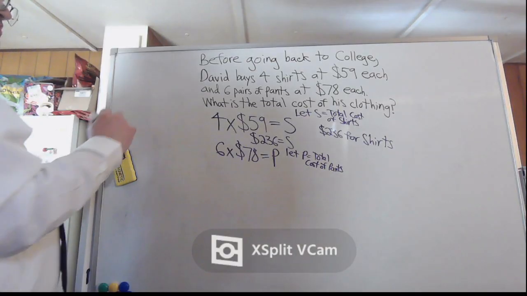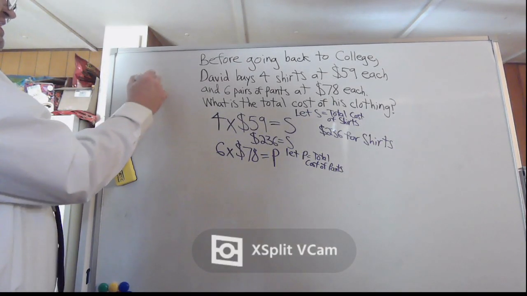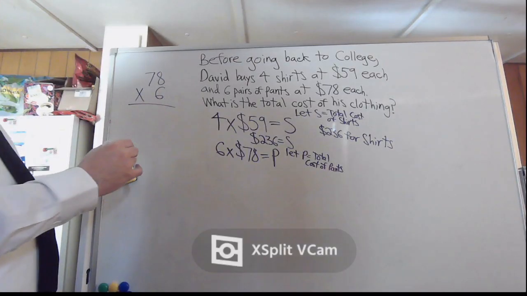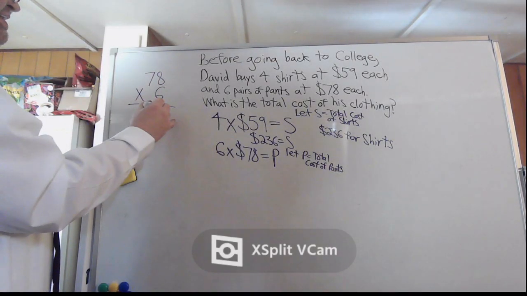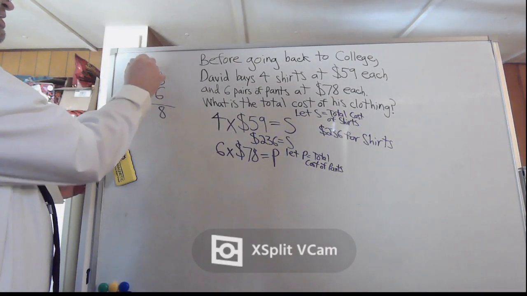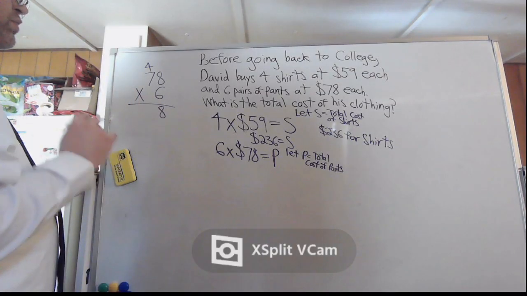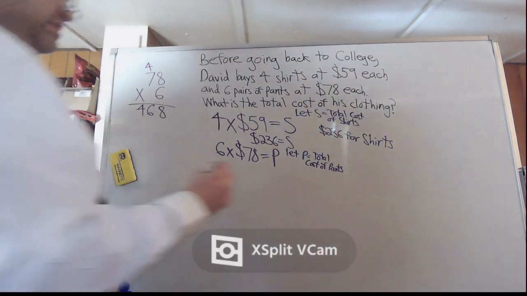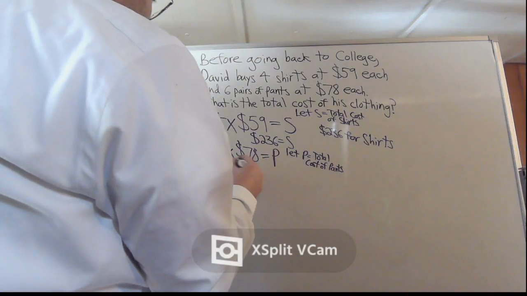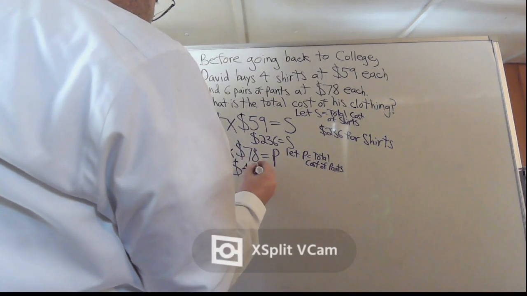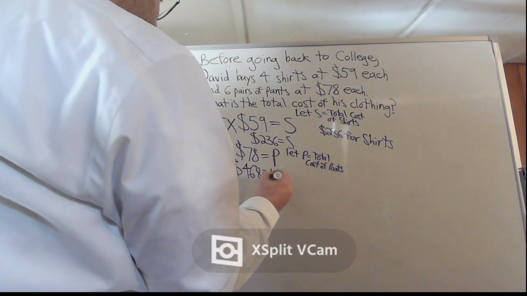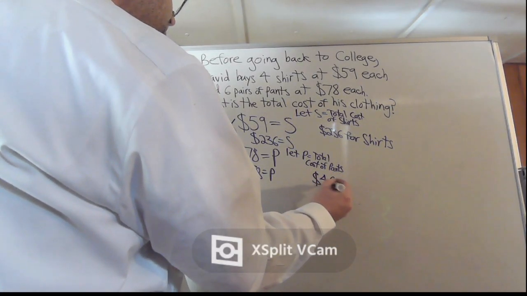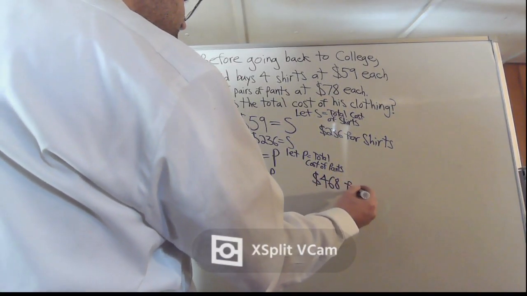Now we have a simple multiplication problem of 78 times 6. 8 times 6 is 48. Keep your 8, carry your 4. 6 times 7 is 42, plus 4 is 46. So we have $468 equals P. So he spent $468 for pants.